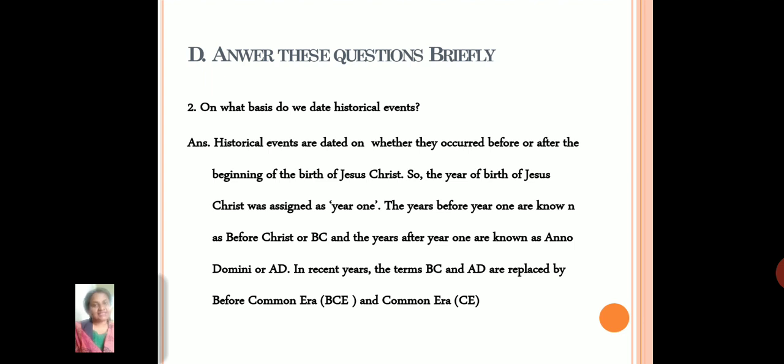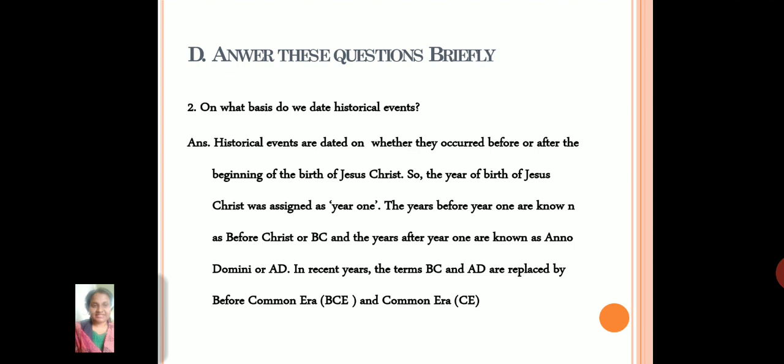The years after year 1 are known as Anno Domini, A capital, D capital, or capital AD, full stop.